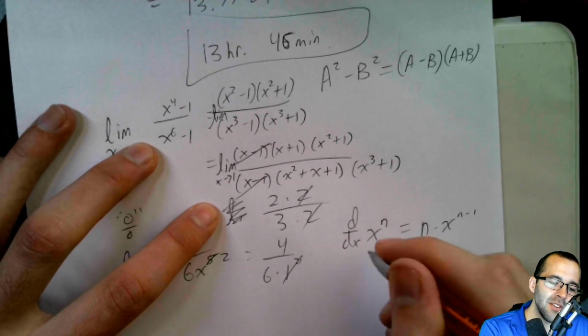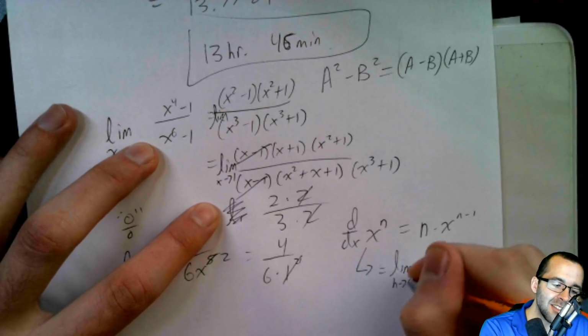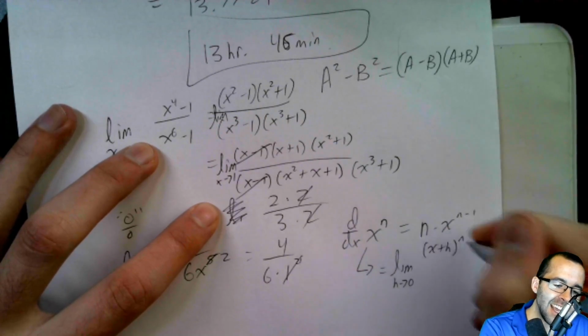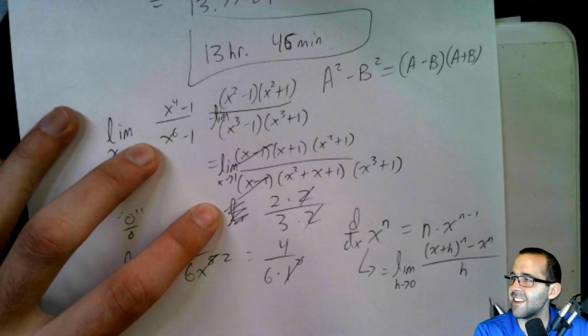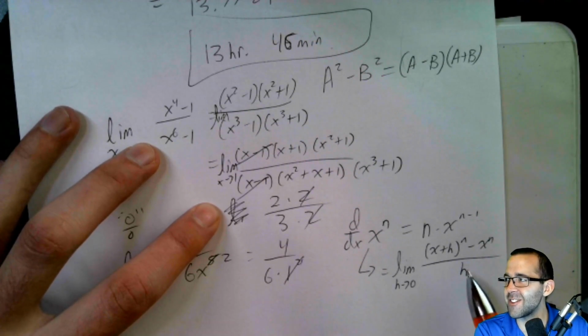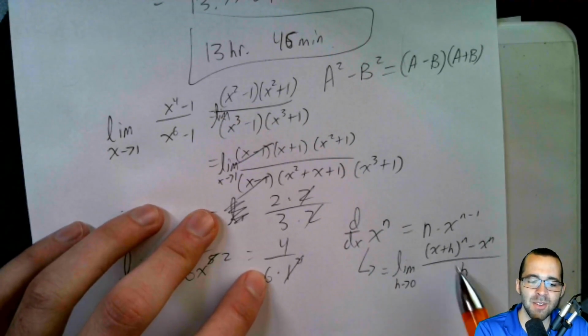And this actual derivative, by definition, is the limit as h goes to 0 of (x plus h) to the n minus x to the n over h. And this is not a trivial calculation. And this is actually the proof of where the power rule comes from.